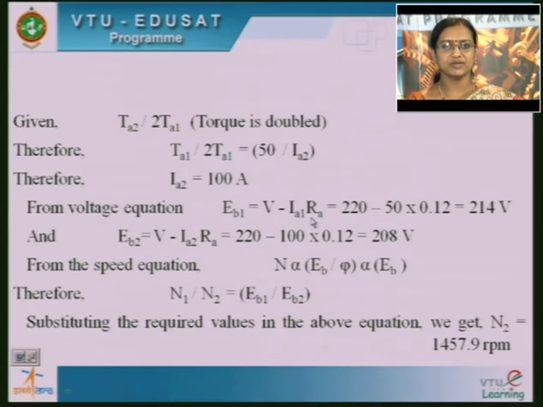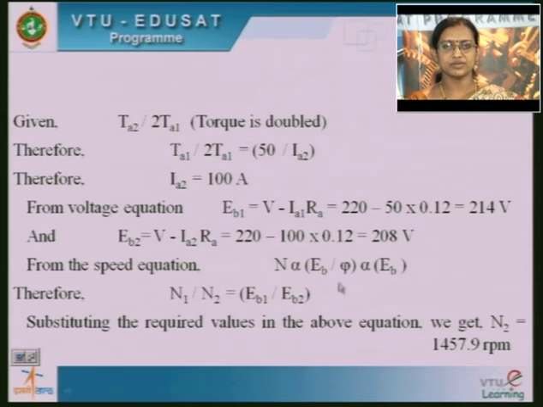Substitute this Ia1 in the equation and calculate the back EMF EB1. EB1 is equal to V minus Ia1 RA, you are getting 214 volts. Ia2 which you have calculated, substitute in the equation EB2 is equal to V minus Ia2 RA, you are getting back EMF EB2 is equal to 208 volts. And then we have the speed equation, N is directly proportional to EB by phi.